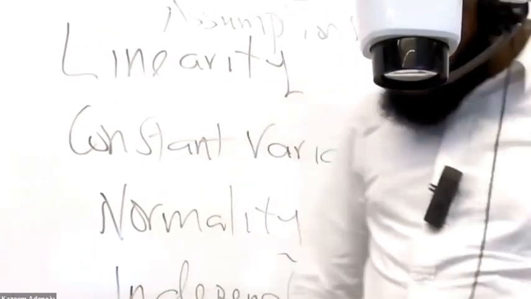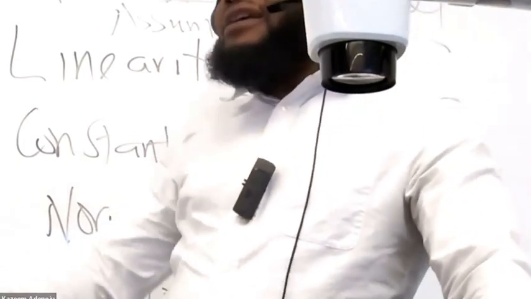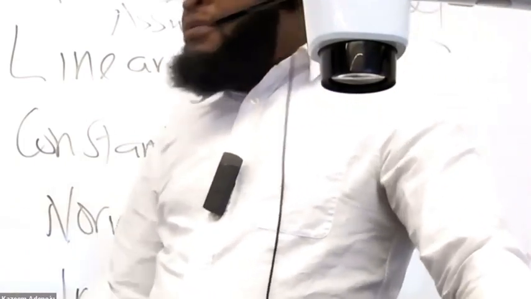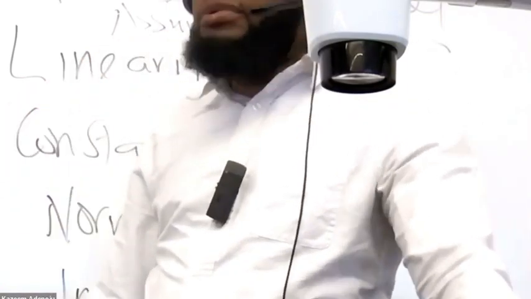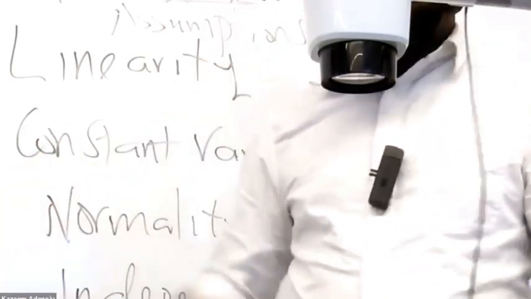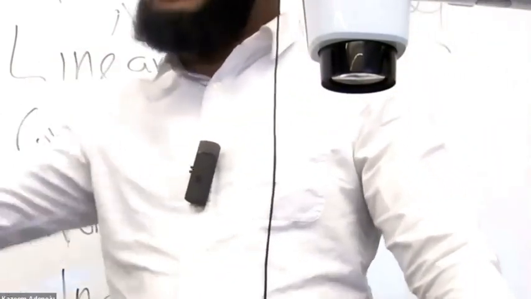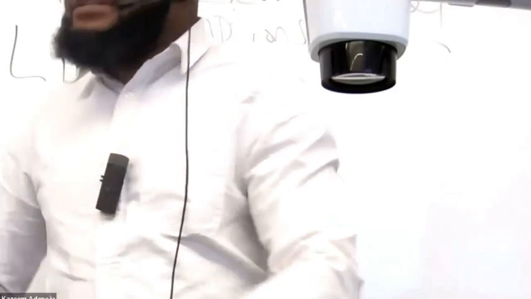But what do we mean by generalized linear model? There's a difference between generalized linear model and the general linear model. Now, I'm going to tell you the meaning of the generalized linear model. The generalized linear model actually generalizes linear regression to allow the linear model to be related to the response via what I call a link function.